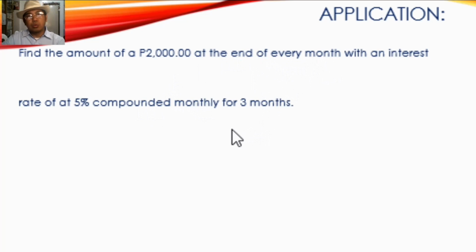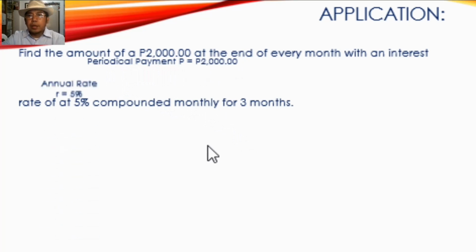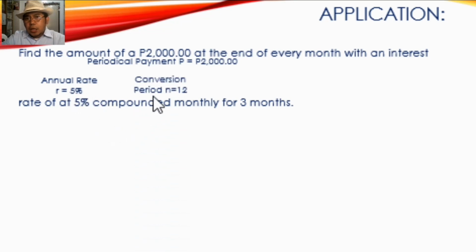Now let's analyze the problem further. The periodic payment is 2,000 pesos, and of course, the annual rate is 5%. Another one is the conversion period is monthly, which is how many conversion periods in a year? 12 months.